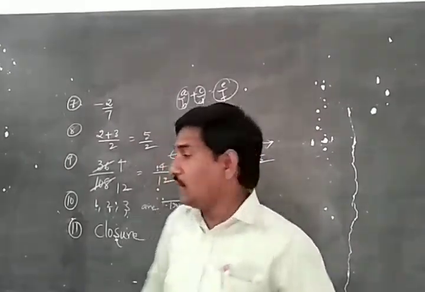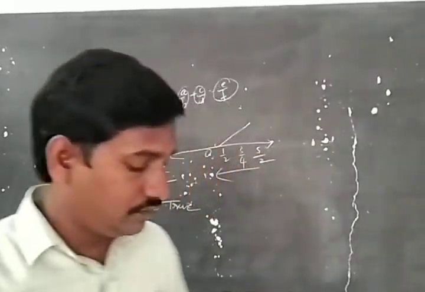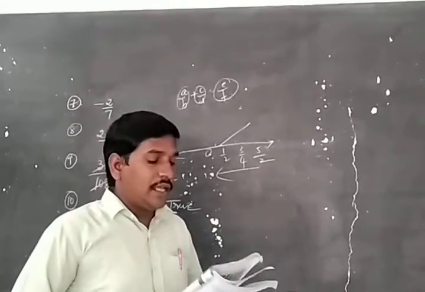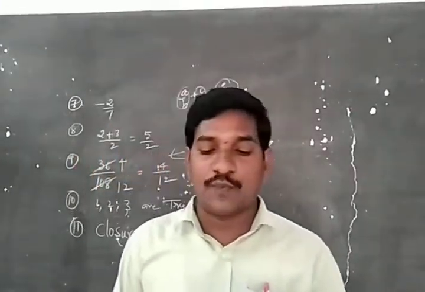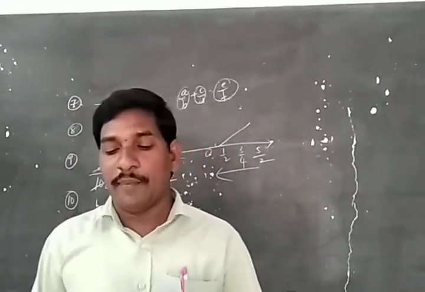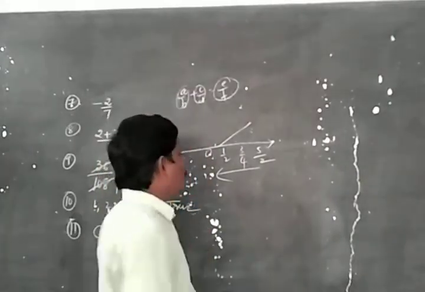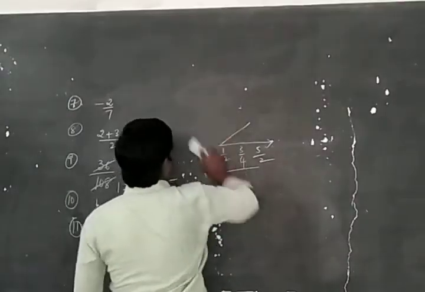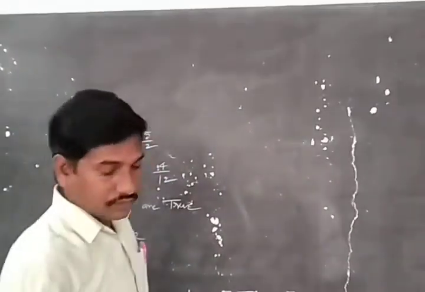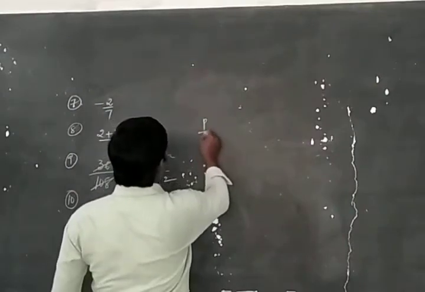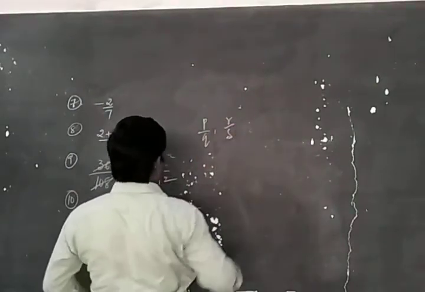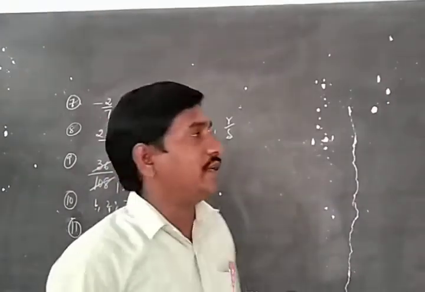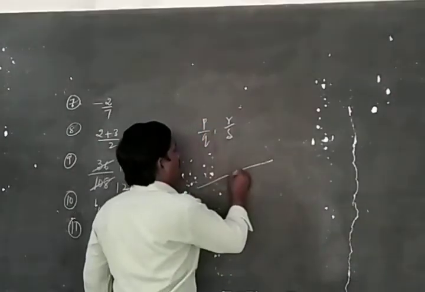And the 12th one. If the rational numbers P by Q and R by S correspond to the same point on the number line, then P by Q and R by S correspond to the same point.